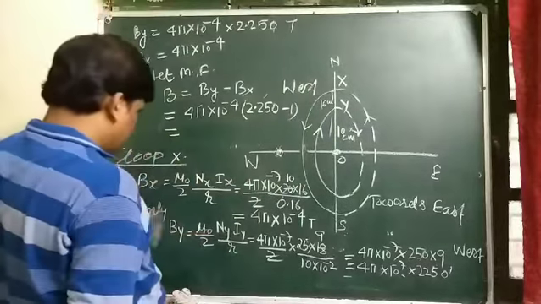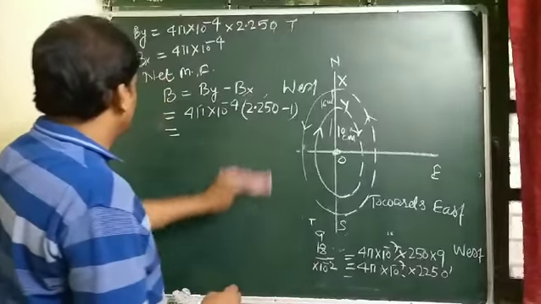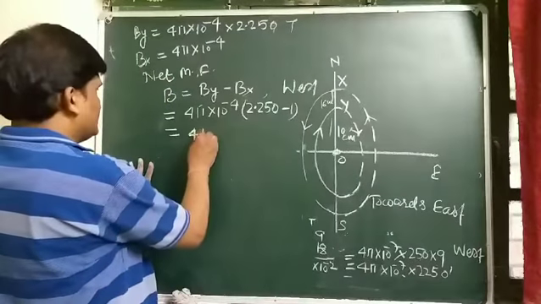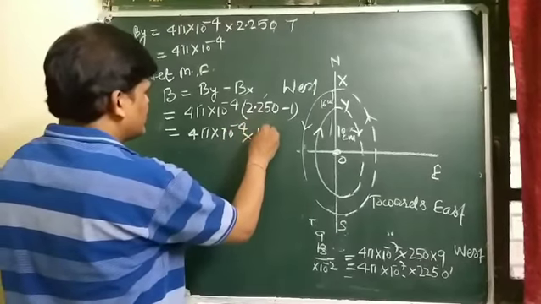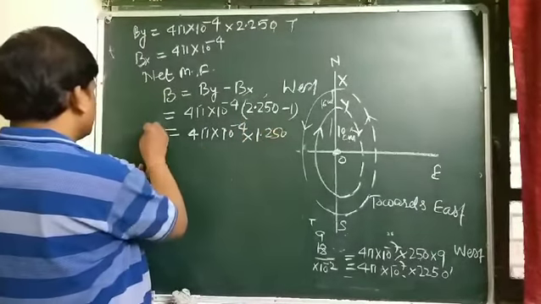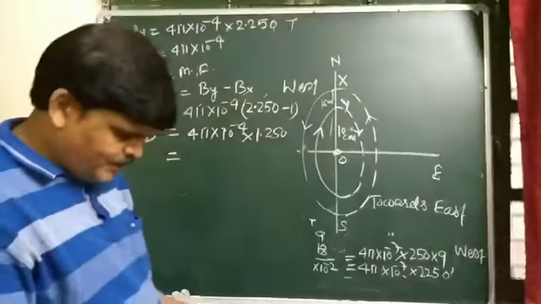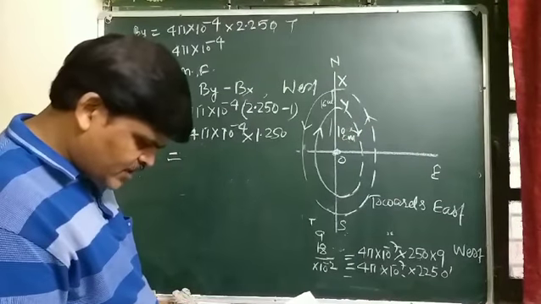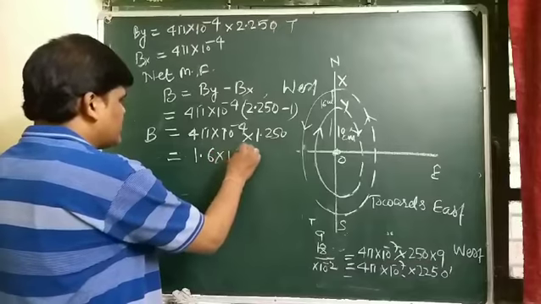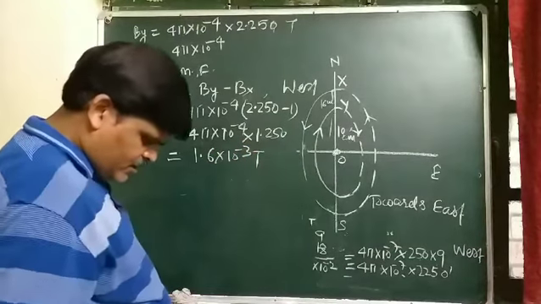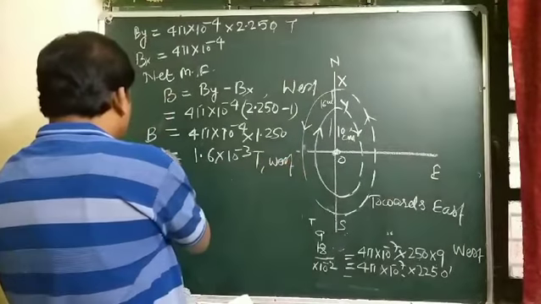After solving this, it comes out to be 4 pi into 10 to the power minus 4 into 1.25. So this is the net magnetic field, and its value comes out to be 1.6 into 10 to the power minus 3 T, towards west.